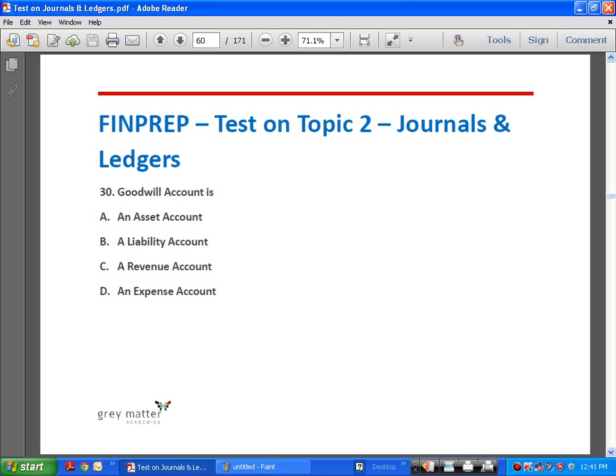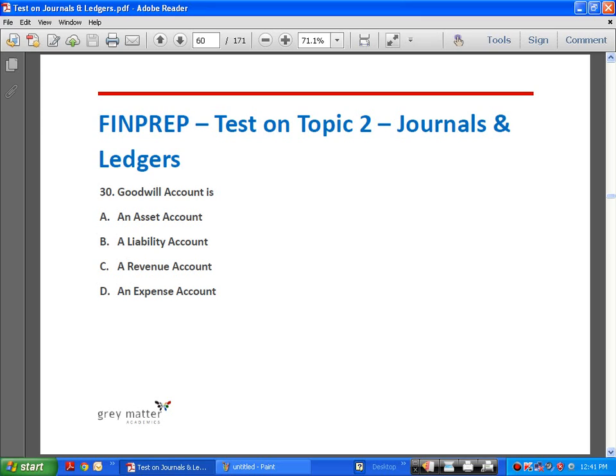Next, goodwill account. See, goodwill is an intangible asset that measures the reputation of a business. The reputation could be because of its customer lists, because of its promptness, or because of the good pedigree that it enjoys.